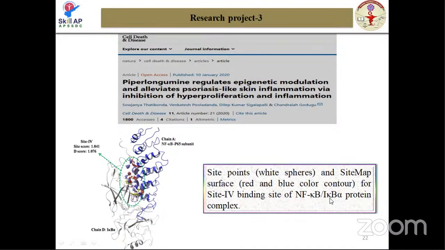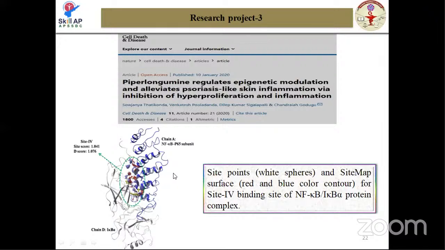After getting that complex, we identified the active site present between the two proteins. We got a good score for site 4, with a site score of about 1.0041 and a D score of about 1.07. We thought this catalytic pocket is very essential for targeting drug molecules.